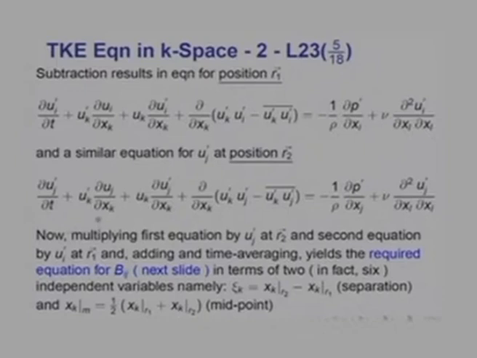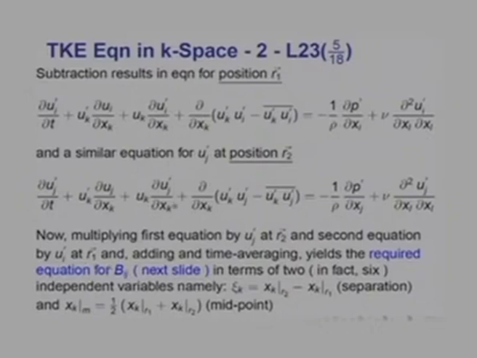Now, to do further development, we multiply the first equation, at position r1, by u'_j at r2, and the second equation by u'_i at r1.